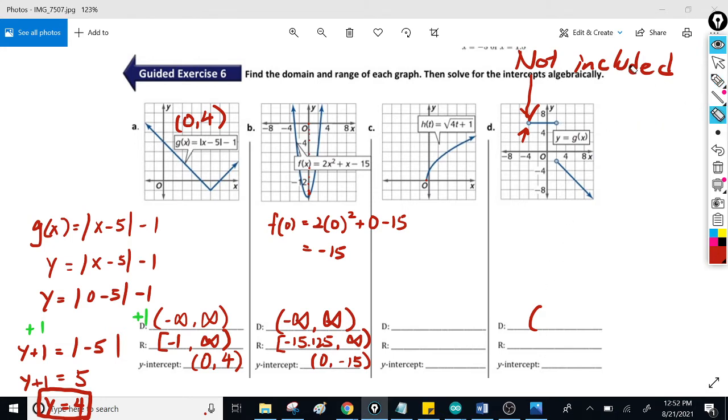And then also another thing you got to be careful is there is a disconnection right here. So that means the graph goes from here and then to right here and then it stops. Whatever value is right here is not part of the function, alright? It is not included.